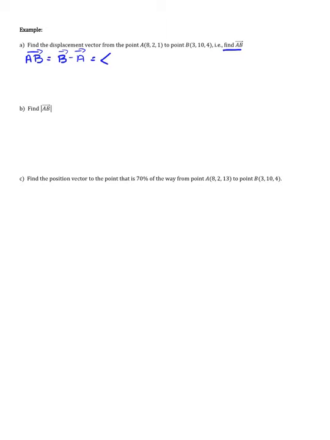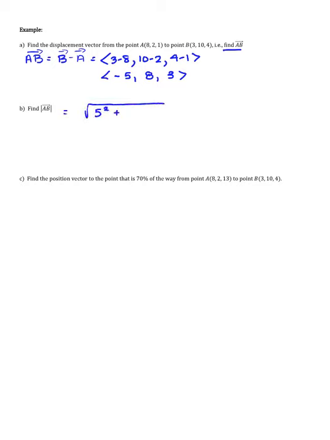So the displacement vector will be 3 minus 8. I'm going to write it out just so people know where my numbers are coming from. Then 10 minus 2, and then 4 minus 1. So that's going to give me -5, 8, 3. That is the displacement vector. The magnitude of that displacement vector is Pythagorean theorem.